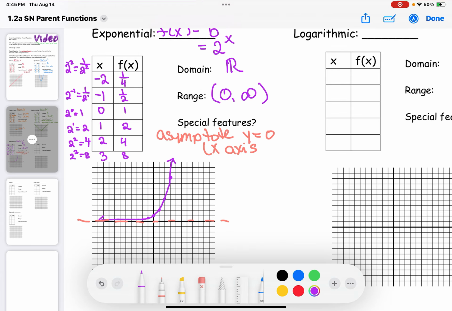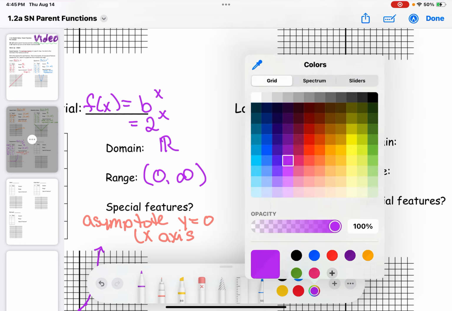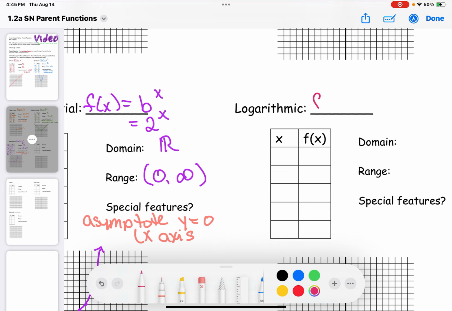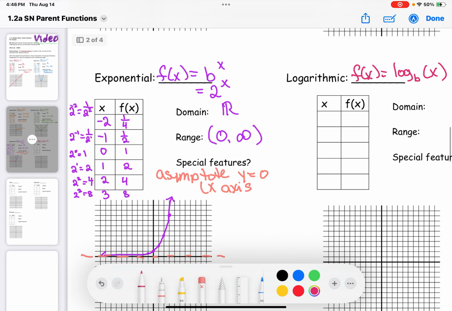Now, logarithmic function. A logarithmic function would be f of x equaling log base b of x. I'm doing these in all different colors. Now, f of x equaling log base b is an inverse of the exponential function.